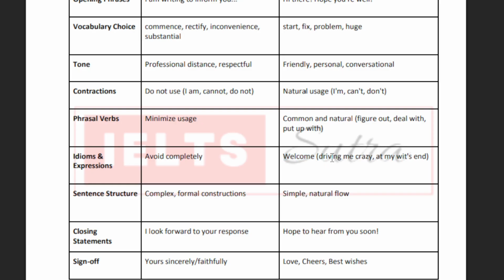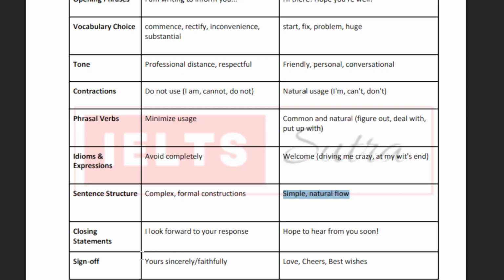For example, driving me crazy, once in a blue moon, over the moon, over the top, etc. Then sentence structure is more complex and formal. In this case, it's simple and natural. Basically, you try to write as you speak, okay, in the same way you speak.